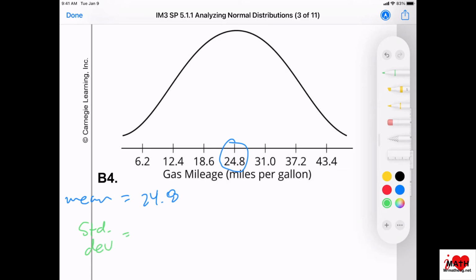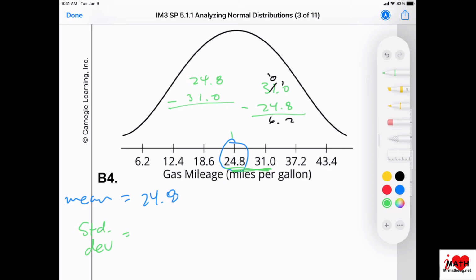All you have to do is just subtract the two numbers. Now, you can subtract it either way. It does not matter. I'll just subtract here. And I got 6.2.